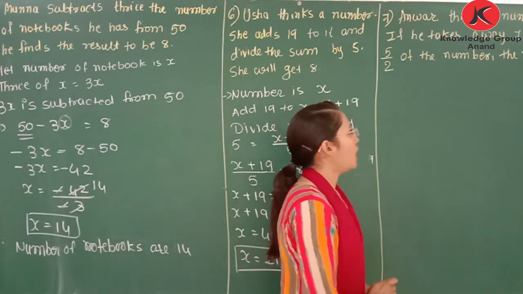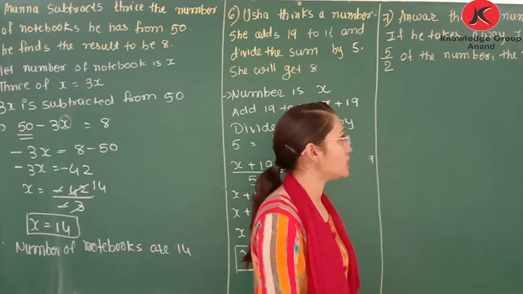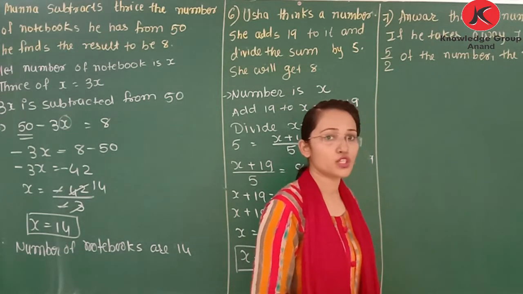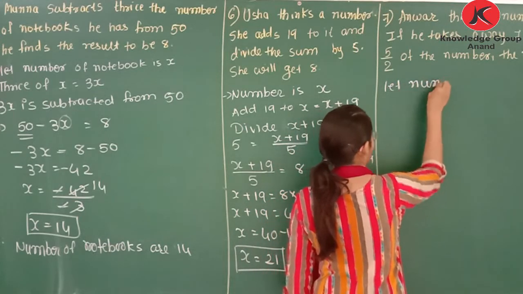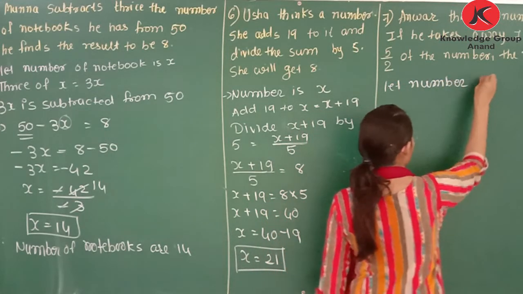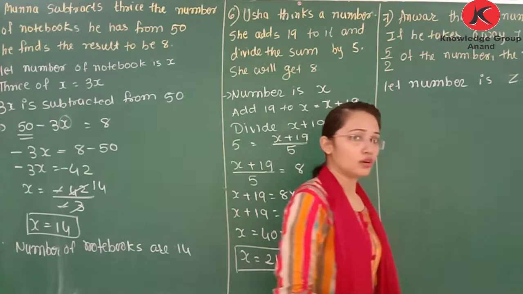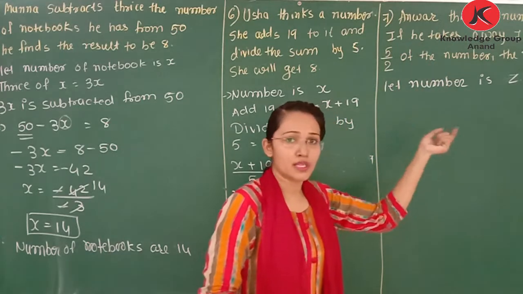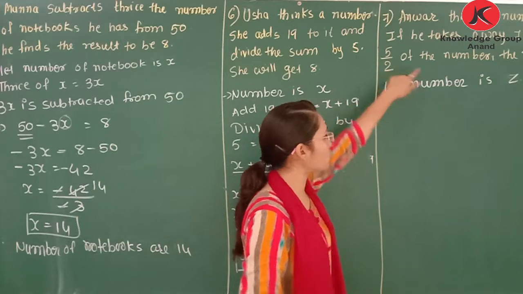Now next, Anwar thinks of a number. He takes away 7 from 5 by 2 of the number. Which number? We don't know, so let the number he thinks of be x, or you can say z. Subtract or take away means subtraction. Subtract 7 from what? 5 by 2 of the number.